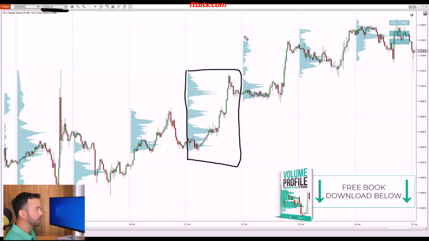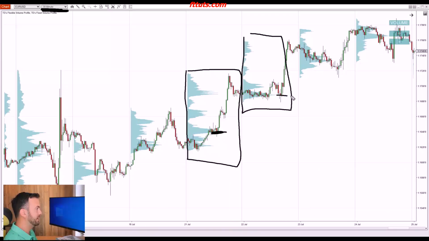Every day, one profile. And this is the daily point of control in here, then there's a daily point of control in here, then there's a daily point of control in here. And if you are a day trader, you are going to be interested probably mostly in the daily point of control, right? The place where most volumes were traded in a given day.